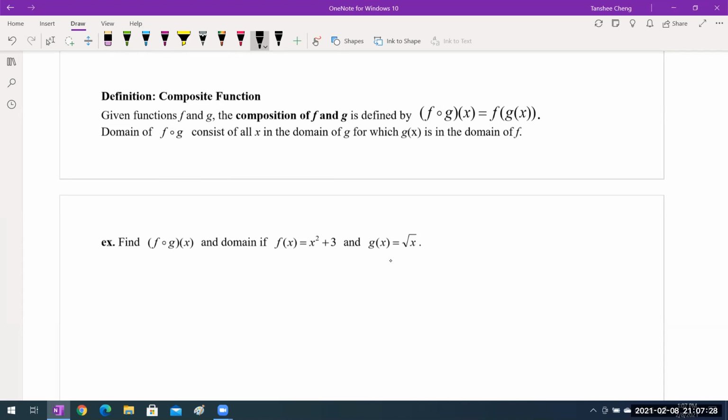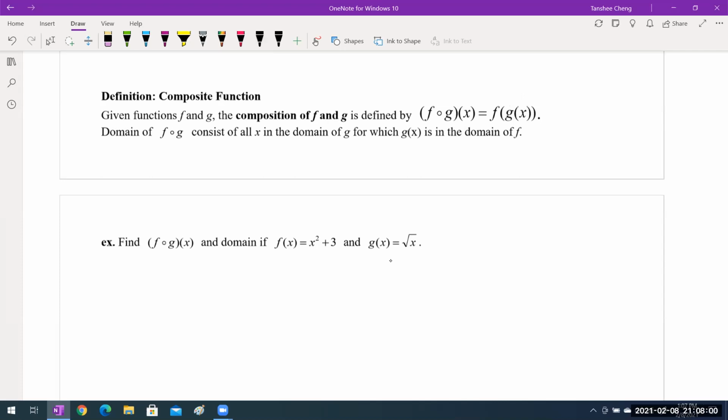This simply says that the g function will be the input of the f function, which is f of x, where the input is g of x. So therefore, the domain of this composition function is any x value which satisfies the domain of g, such that the value g of x is in the domain of f. Okay?